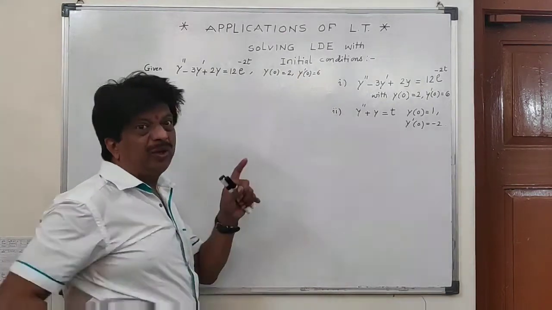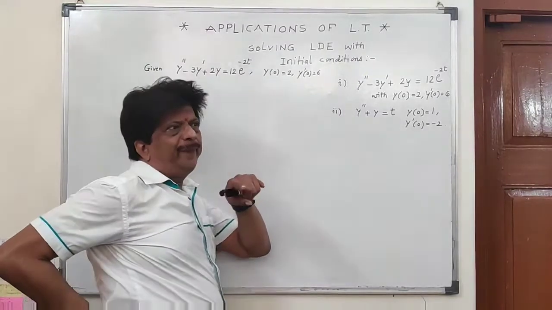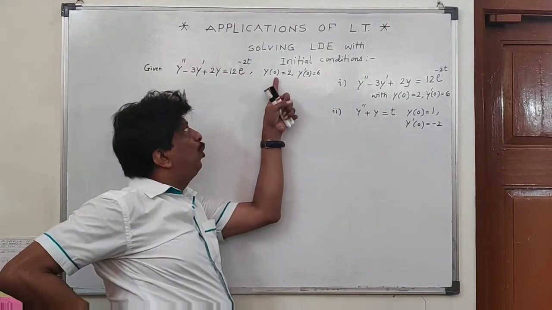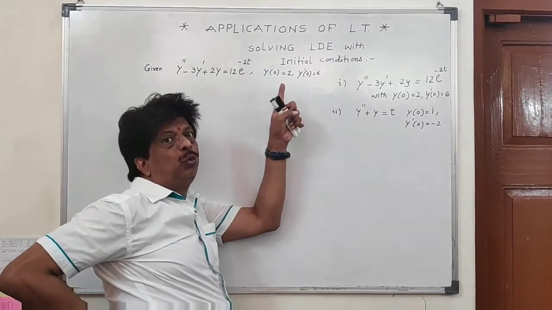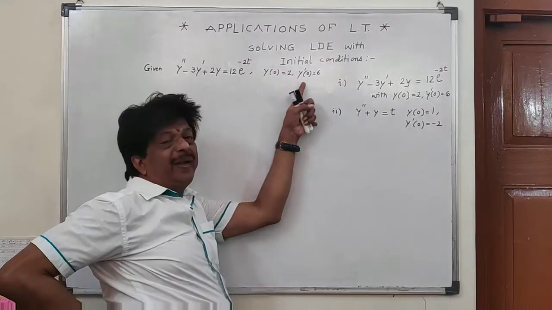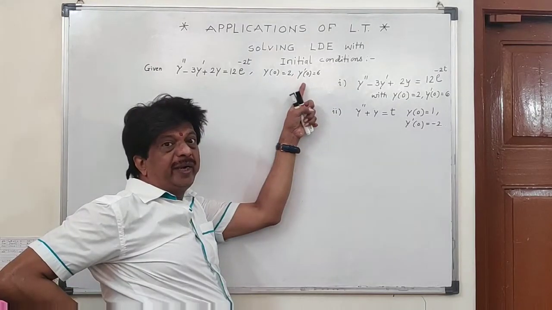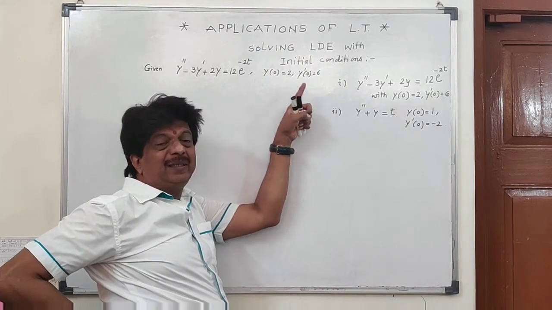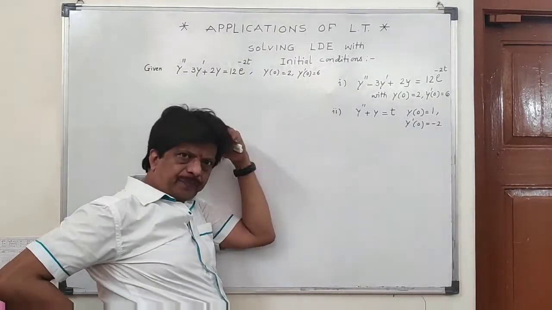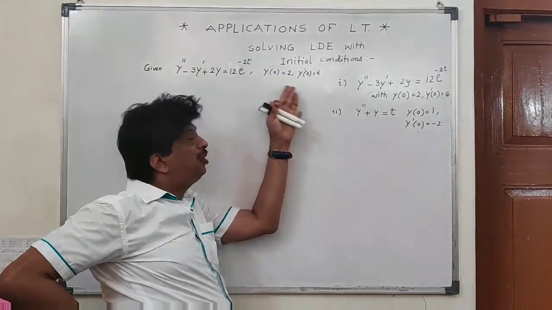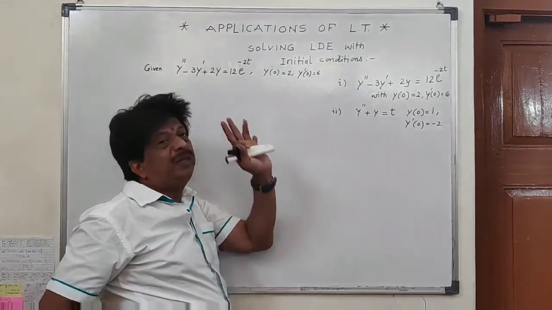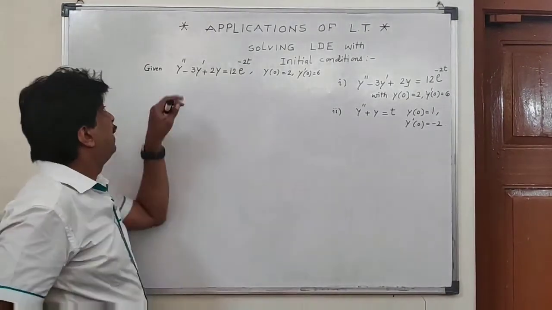What does it mean? y of 0 is 2: when the independent variable t is 0, the value of y is 2. When t is 0, then dy by dt, y prime, is 6. Under such initial conditions, what would be the solution of this?